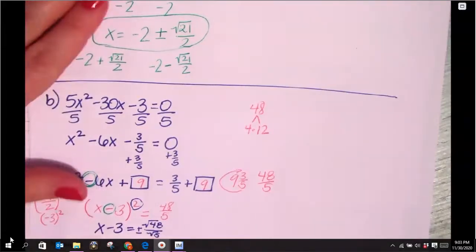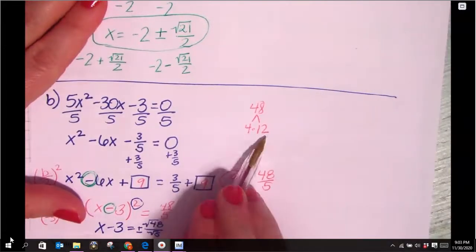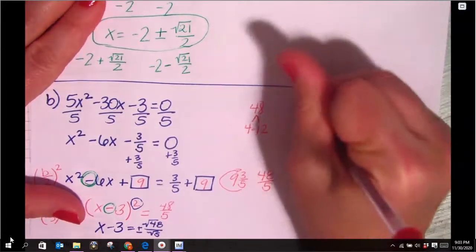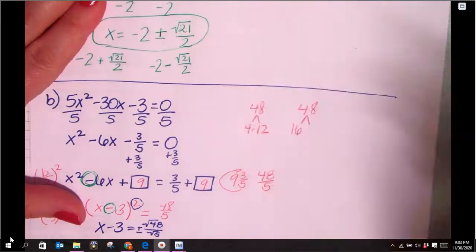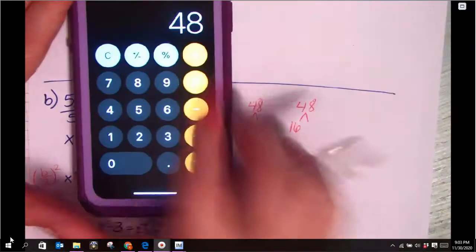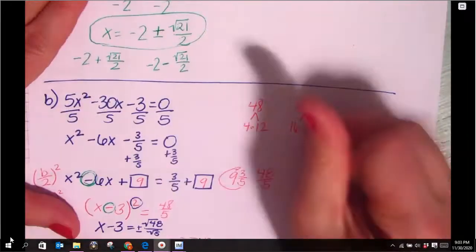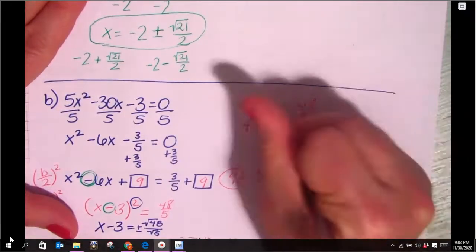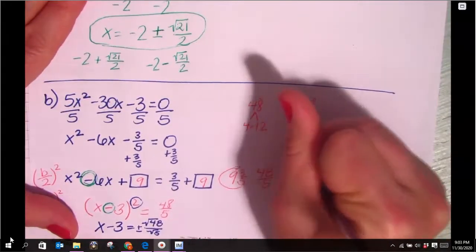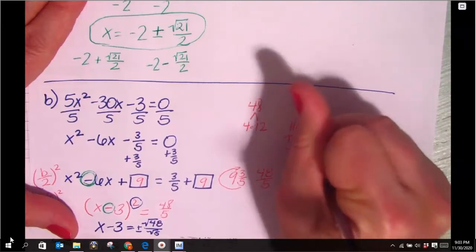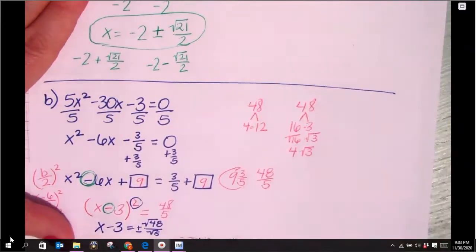So that's not going to work. This isn't big enough. So I'm going to try 16. 48 divided by 16 is 3. That's going to be it. The square root of 16 is 4. The square root of 3 is not perfect, so it stays in the house.